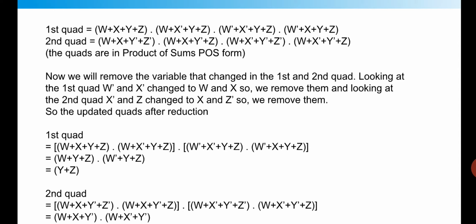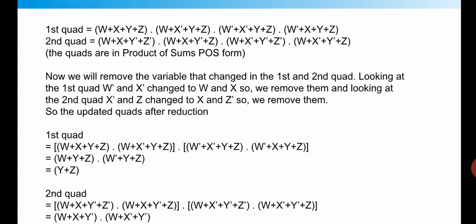Based on the Boolean functions they have given in the question, you can build this particular map, search for the adjacent values and group them. Based on that group you can get the first quad, second quad, first pair, second pair, or first octet, second octet, and so on. Again it depends on how many bits you have. Based on that you will group it.